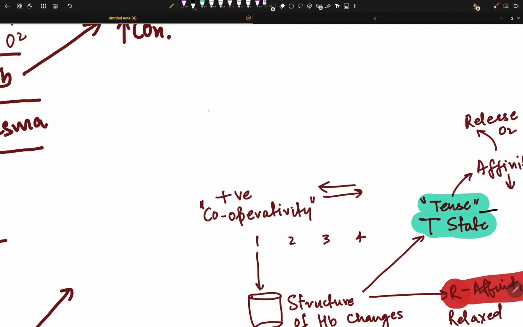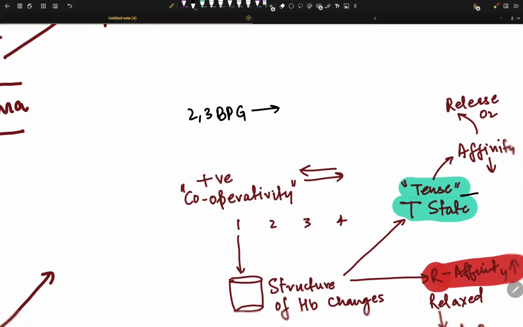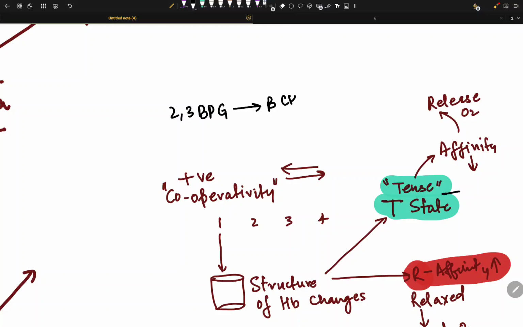It's better to write it honestly. So 2,3 BPG actually binds with beta chains of deoxygenated hemoglobin.